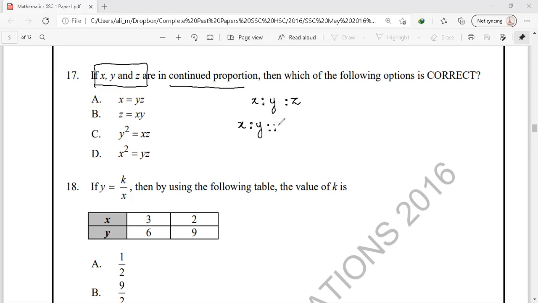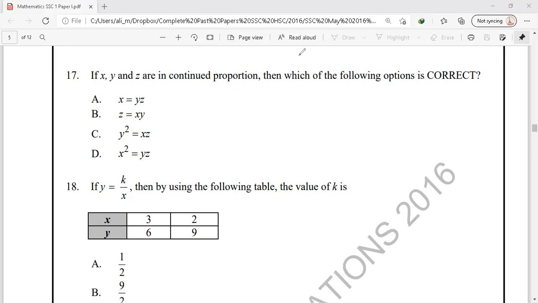So x ratio y is proportional to y ratio z. By taking the product of means and the product of extremes, we get xz equals y square. So the correct answer for this question is option C, y square equals xz.